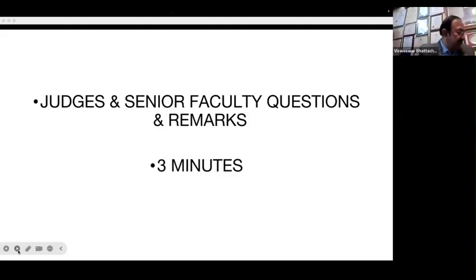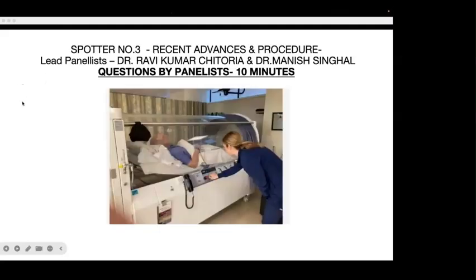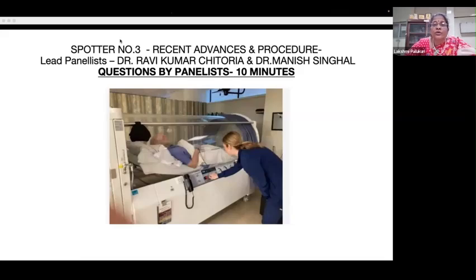Next photo, ma'am. I would like to request Dr. Ravikumar Chitoriya. I would like to announce that Dr. Manish Singhal sir could not join. In his place, Shashank sir will join and conduct the session. Dr. Shashank Chauhan, is he available?